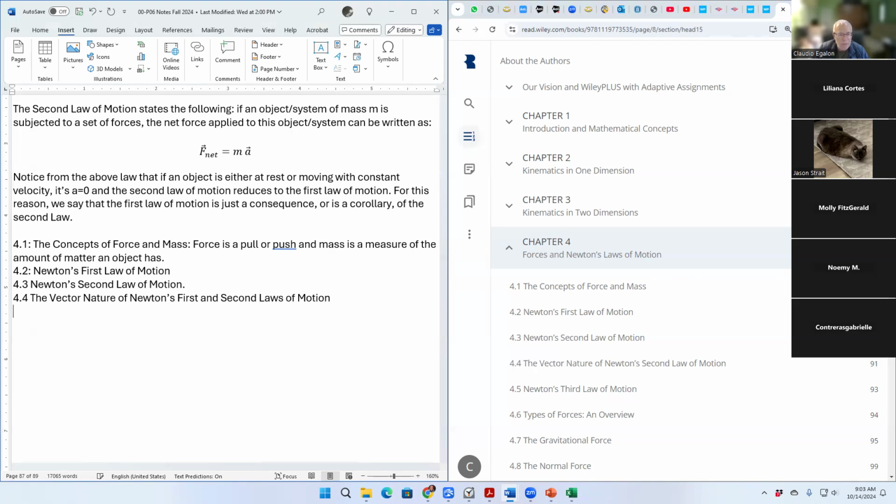Then we have a third law of motion, Newton's third law of motion, which I like to tell my students is the most difficult one of the three laws.